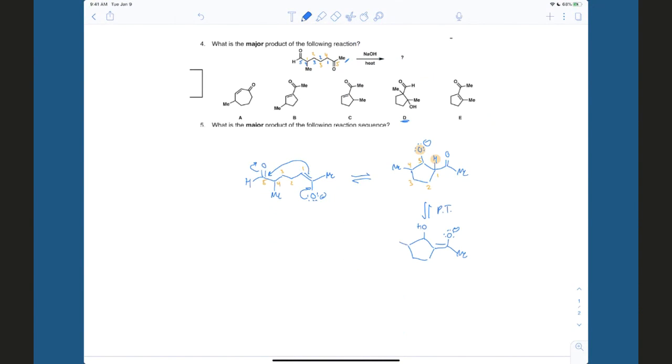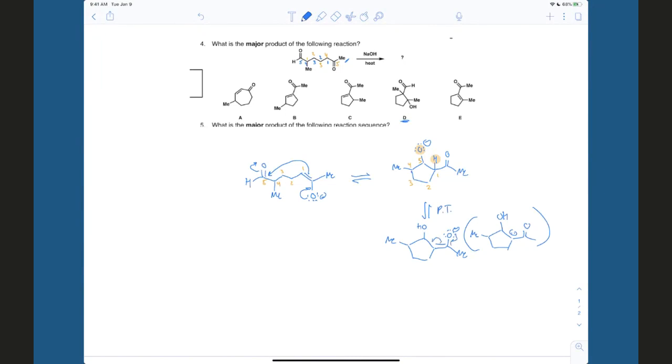If it helps to draw them as the carbanion form, so if you wanted to instead draw this like this, I will be just fine with that, as long as you would be able to answer a question about what is the greatest resonance isomer. It would actually be on the oxygen, but a lot of times drawing the charge on the carbon will help predict the reactivity a little better.